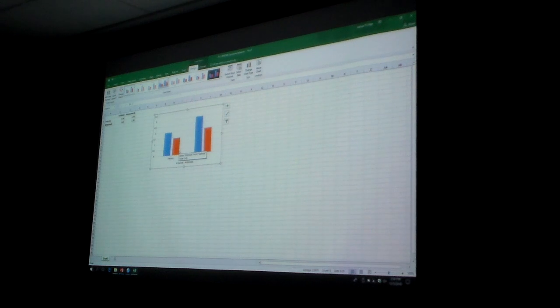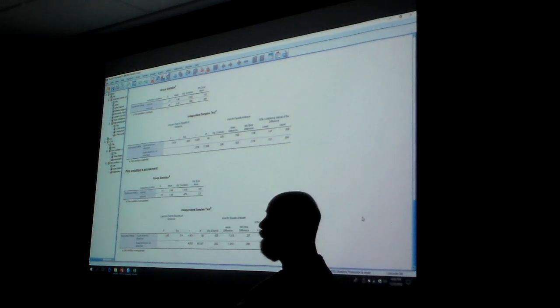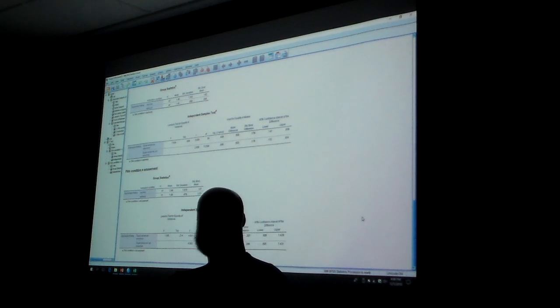So let's take a look at our other conditions. Down here, for the amusement condition, Haley, what do we have going on here? No violation. We have no violation of homogeneity of variance, okay. It looks like there's still a significant difference, and for amusement, people asked to express express more than people who are asked to hold.